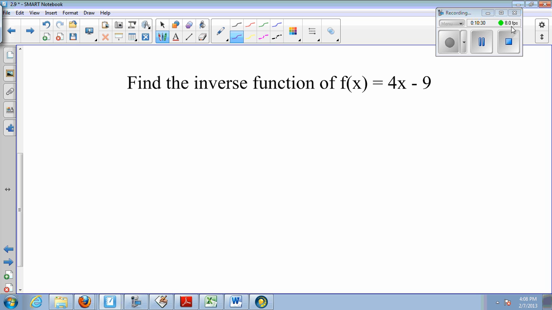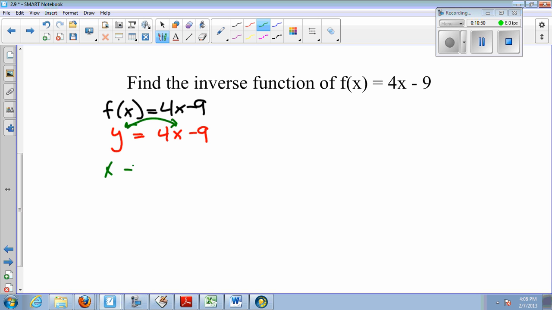So, for example, we want to find the inverse function of f of x equals 4x minus 9. So, f of x is the same thing as y. We change the x and y location and solve for y.